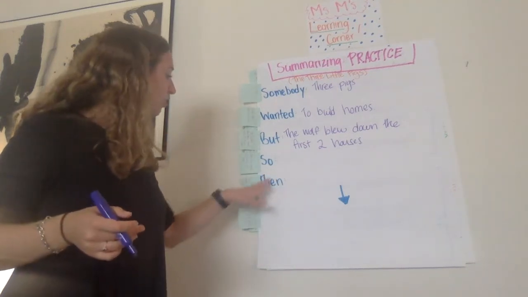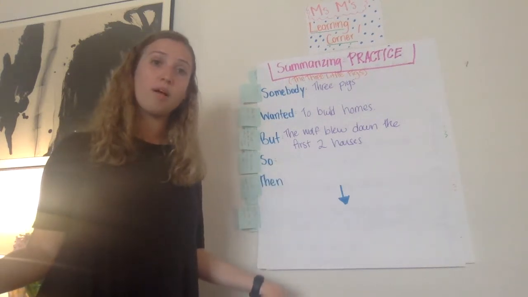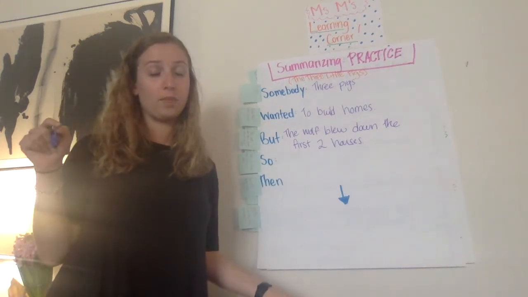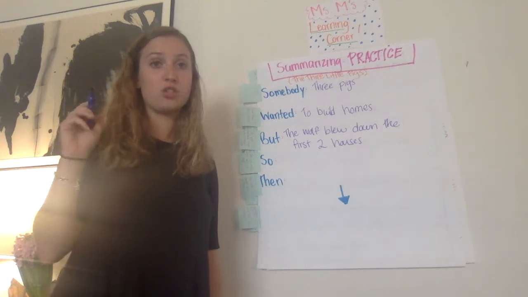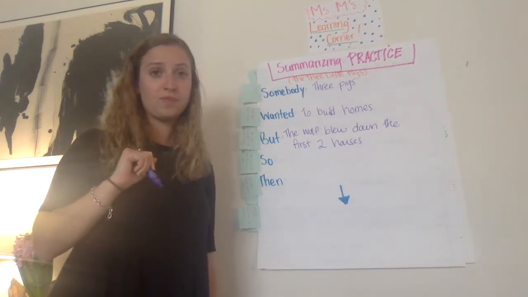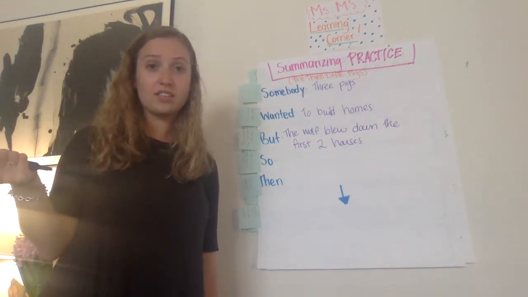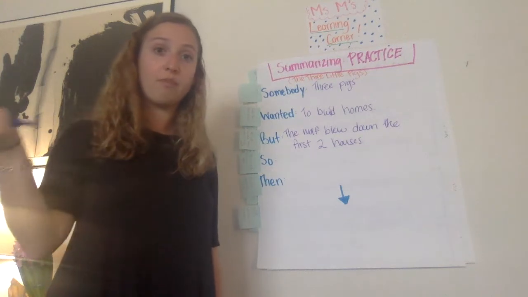Then we get to our so. We want to figure out how are we going to solve this problem. So the 3rd little pig, he does something that solves this problem of the wolf blowing down his house. He doesn't make his house out of clay or out of hay or sticks. He makes his house out of brick.